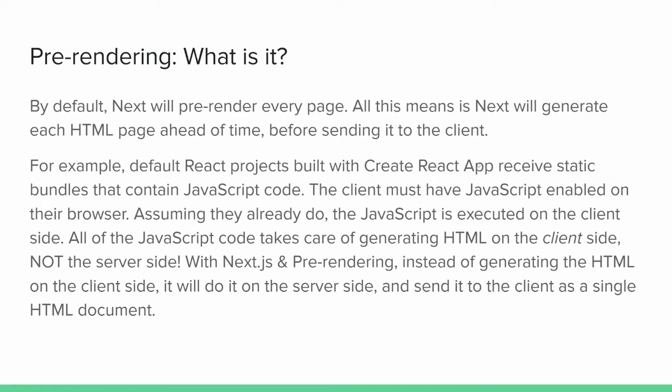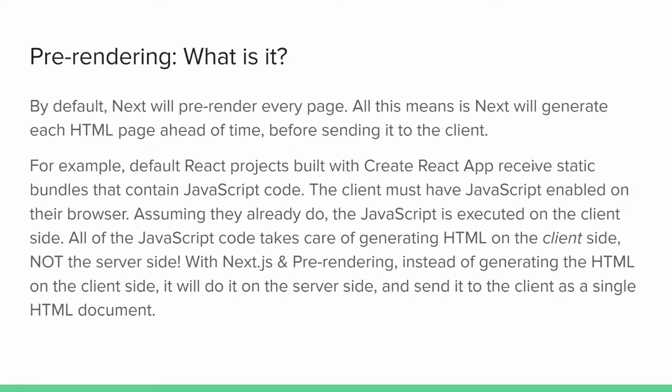Okay, so I'll show you an example. So, well, not show you, but I'll give you an example. So with React projects that are built using Create React App out of the box, right? And I mentioned this already, but we'll talk about it again. So when you set up a Create React App project, by default, that app, when you run it, it actually contains a bundle, which is just JavaScript code.